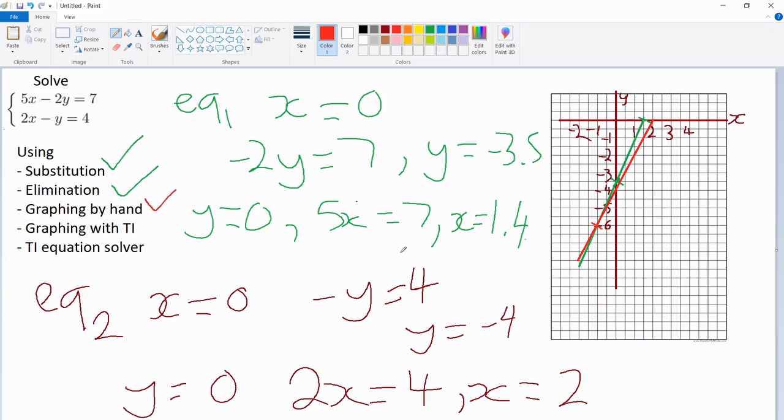Now let's remember how to do this on a graphics calculator. In the graphing section, unfortunately, you do have to isolate both equations in terms of y, so that's going to be our first task. Let's just clear this first.